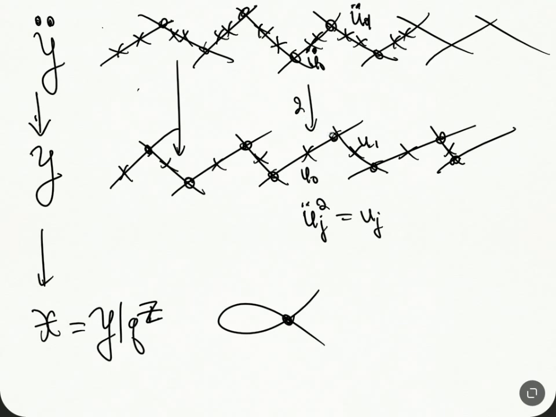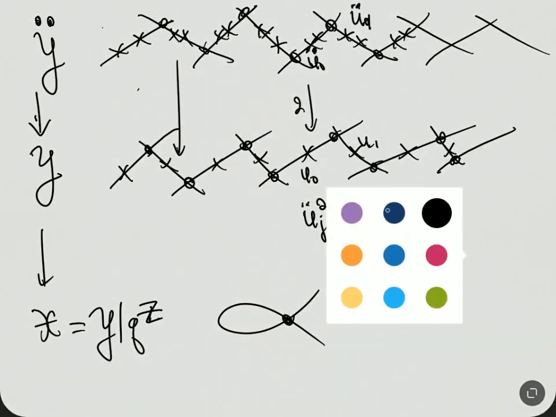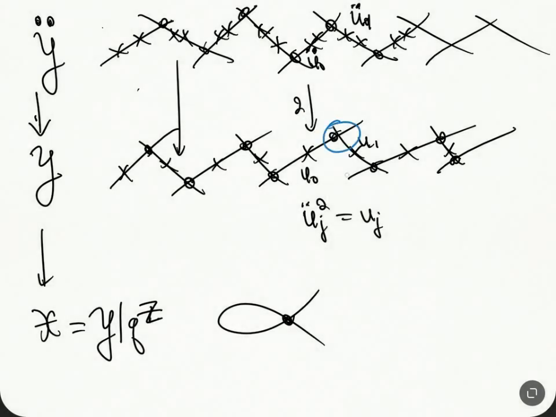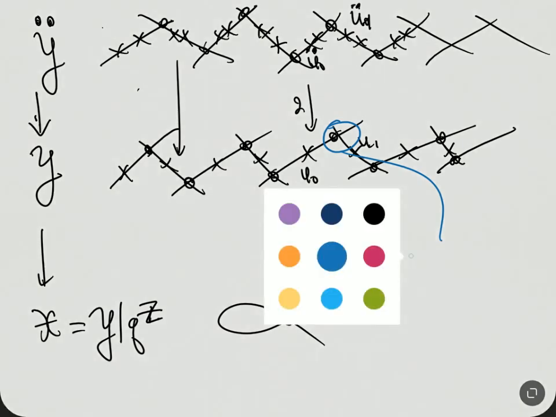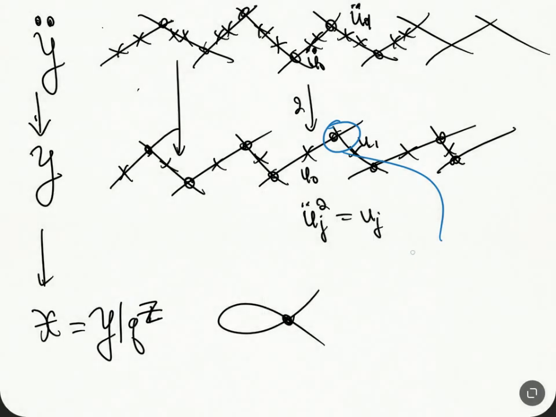And now, like before, we need to talk about what's happening here. So it turns out that at these intersections, these nodes, we're going to have, let's say, uj plus 1. So we had, let me just write down this equation, then I'll do it up there.